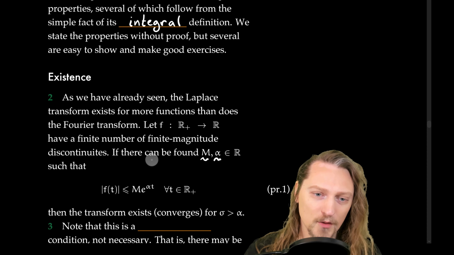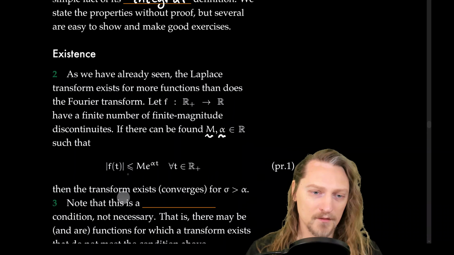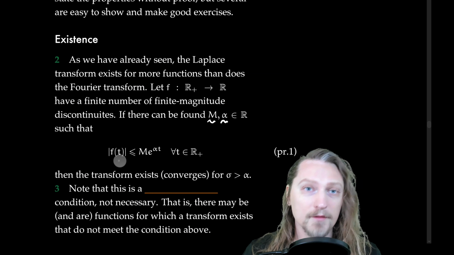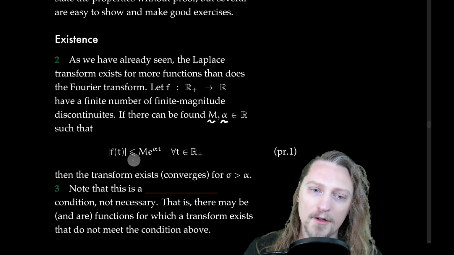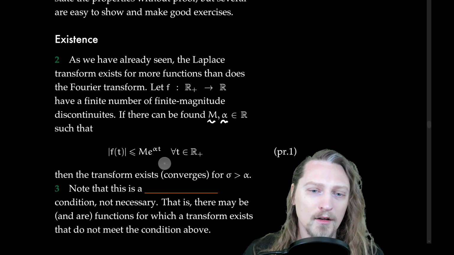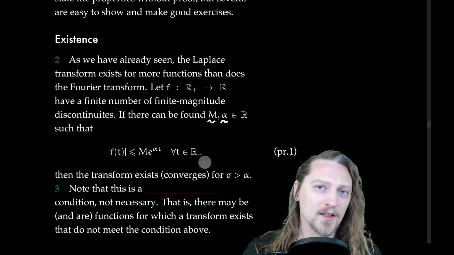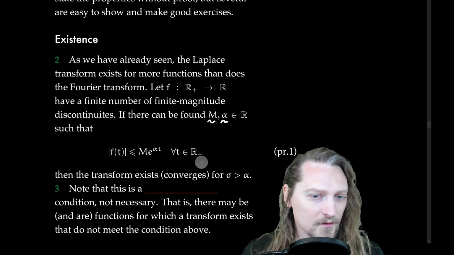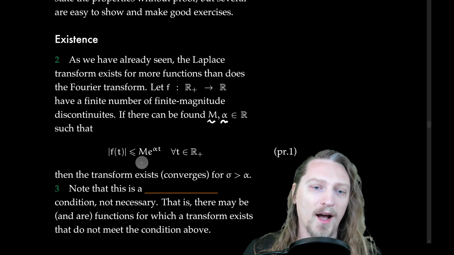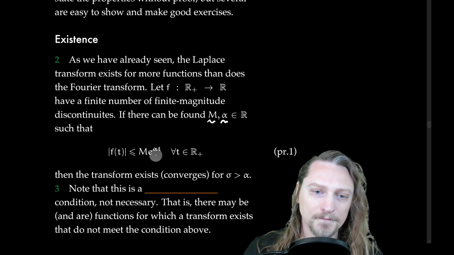Let's take a look at this inequality a little bit closer. So we have the absolute value of f of t being less than or equal to m e to the alpha t for all t in the non-negative reals. This is sometimes called being bounded by this exponential.